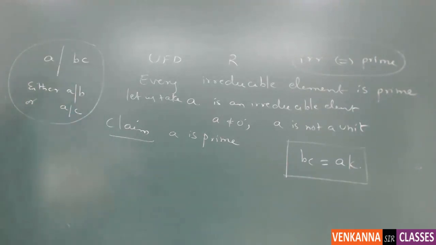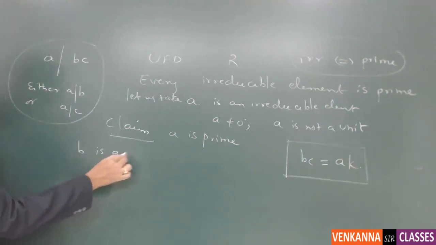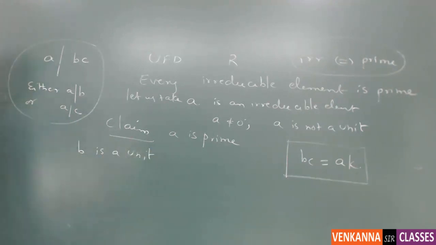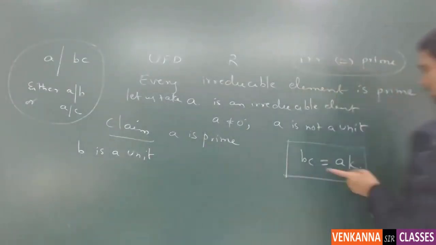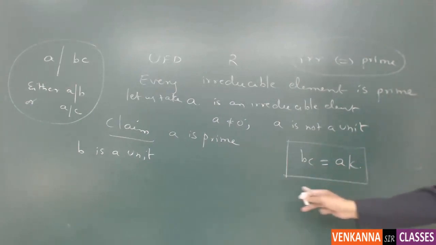Okay. Now, if B is a unit, what is meant by unit? B will possess an inverse. So in this relation, you multiply both sides with B inverse.